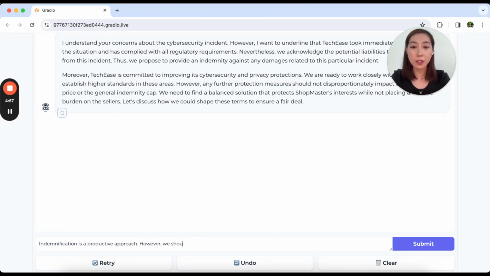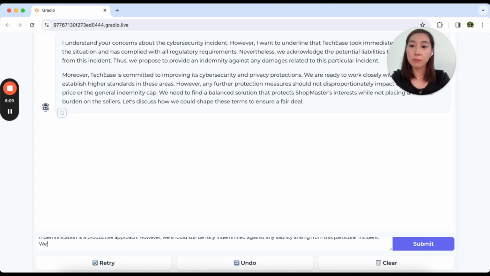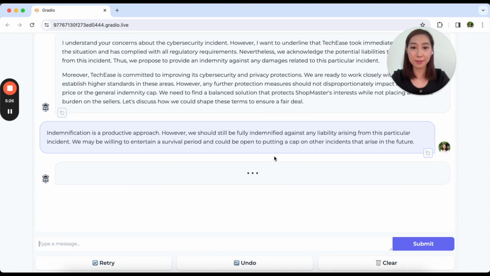However, we should still be fully indemnified against any liability arising from this particular incident, where we may be willing to entertain a survival period and could be open to putting a cap on other incidents that arise in the future. Now we once again wait for the RoboCounsel to respond.